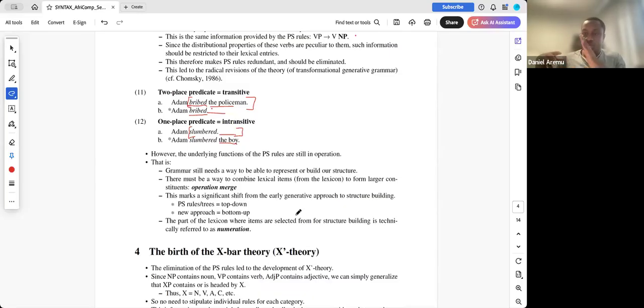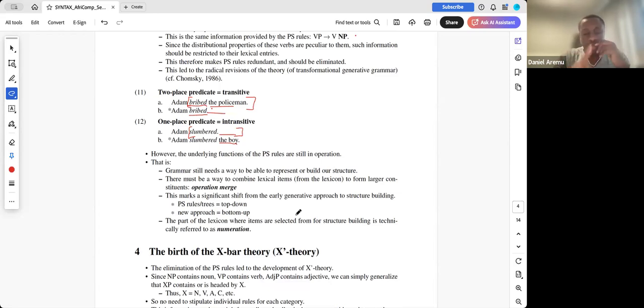You take an element, maybe X, you merge with another one, and then you have a new element. So if you merge X and Y, you get Z, and you merge that new derived element with another element, and so on. So you are merging from bottom to top, and each of those merges shows constituency.